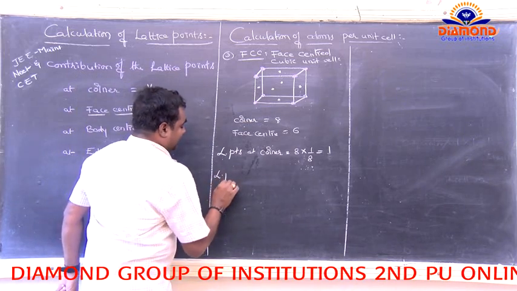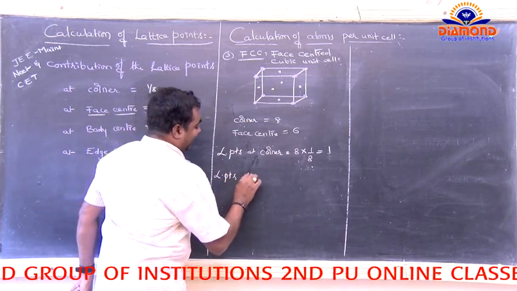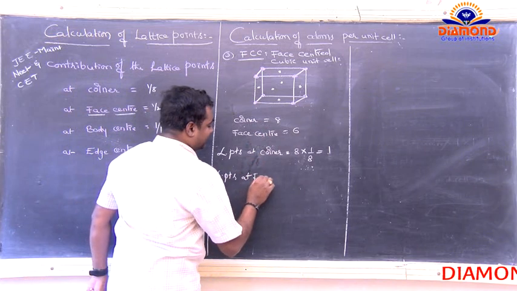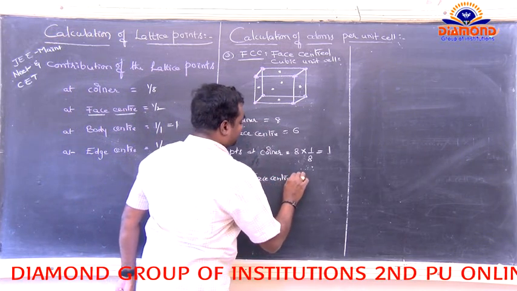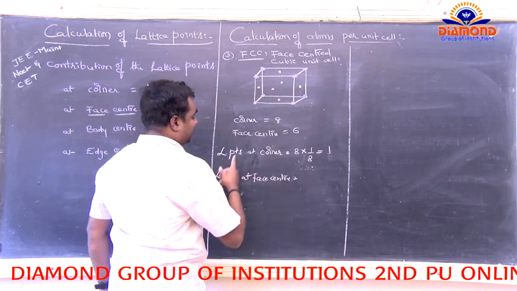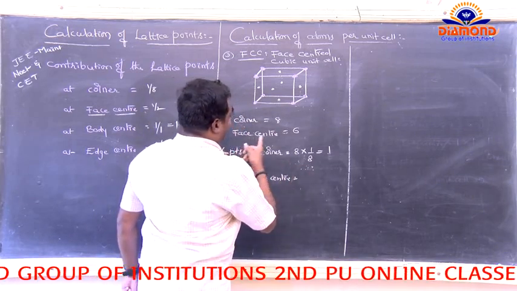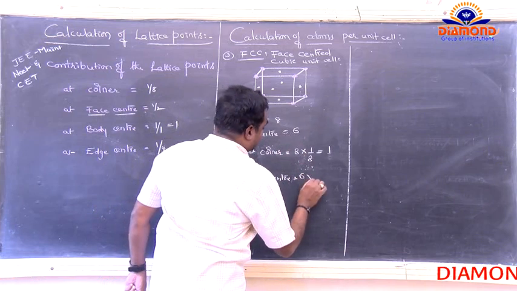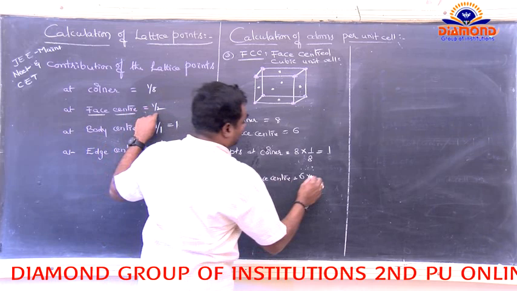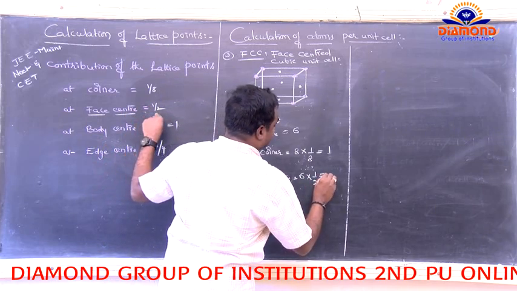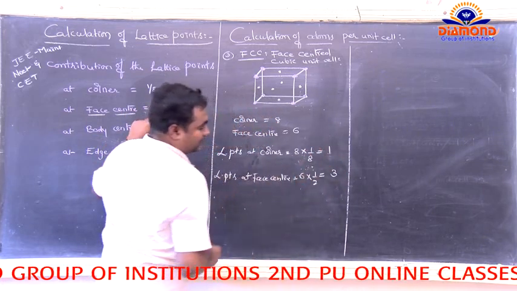Next, the lattice points at a face center is equal to how many face centers are there? 6, into what's the contribution for a face center? 1 by 2, is equal to total 3 points.